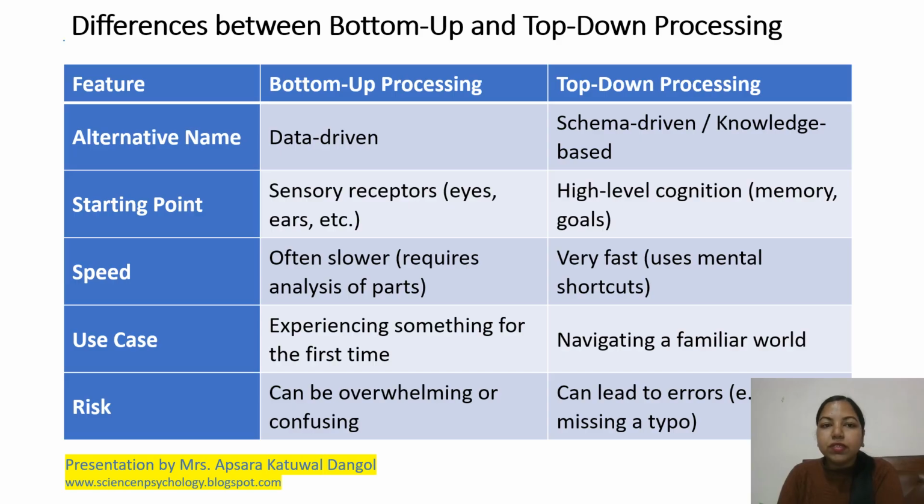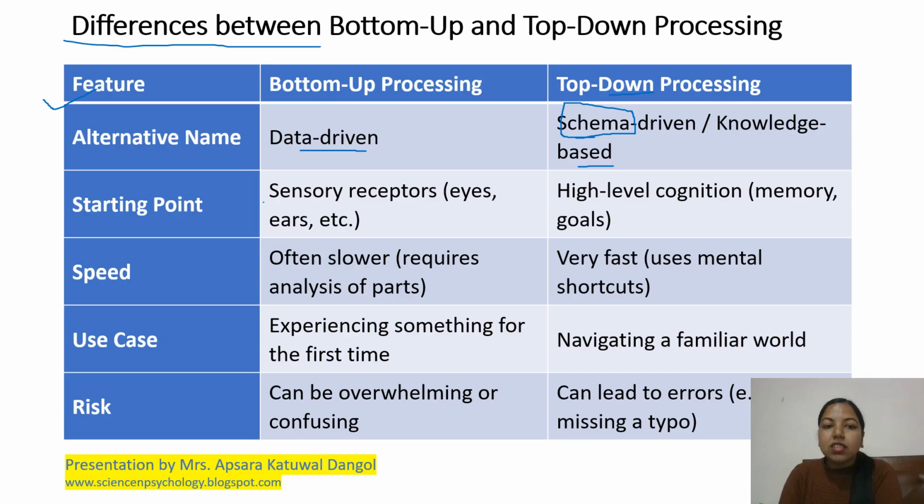Now let us know the difference between bottom-up and top-down processing. In this section, we are going to differentiate bottom-up and top-down processing. Bottom-up processing is data-driven, but top-down processing is concept-driven. That means prior knowledge is present, some mental framework is already there, that is schema driven, knowledge based, right?